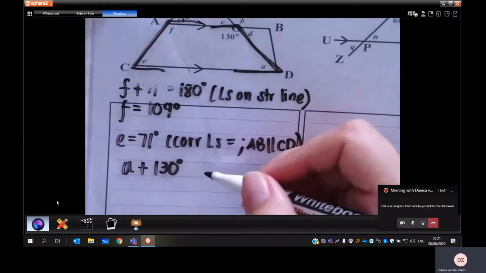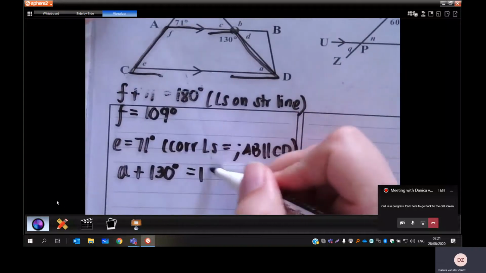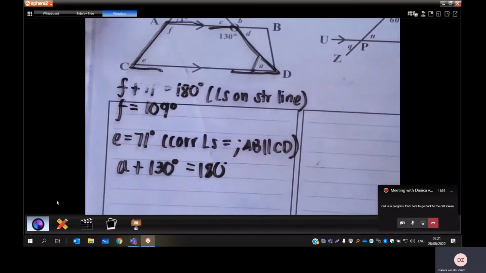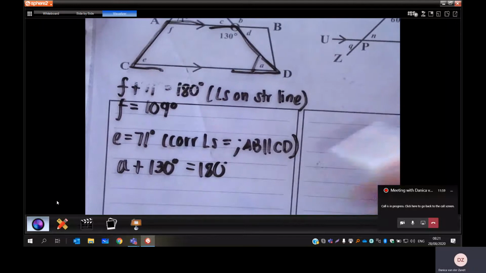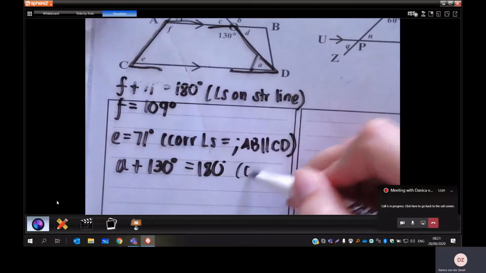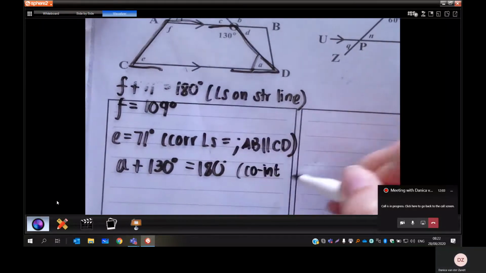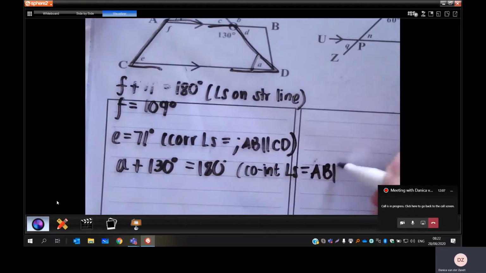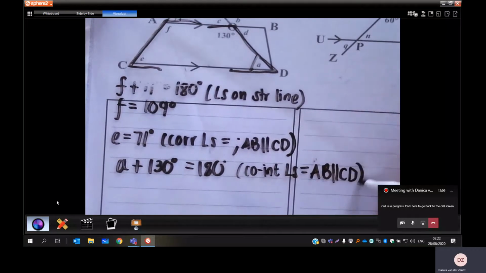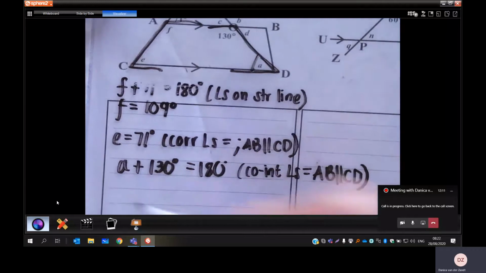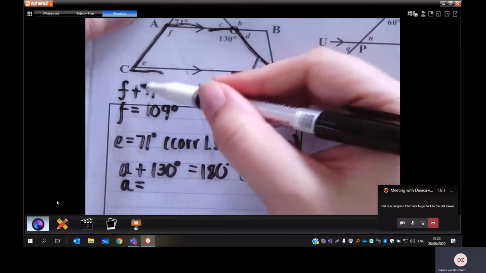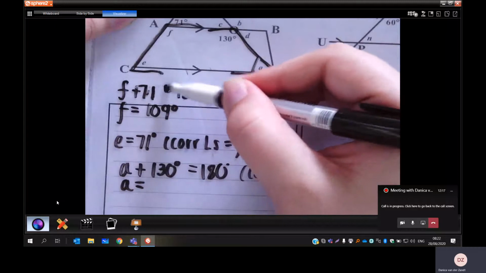And what reason are we using? Co-interior, still using the fact that AB is parallel to CD. So A is equal to 50 degrees.